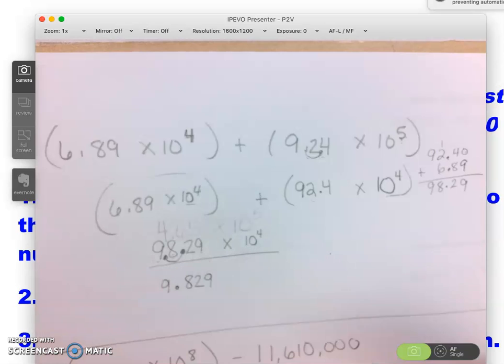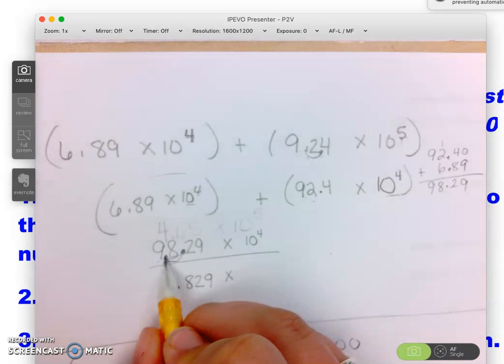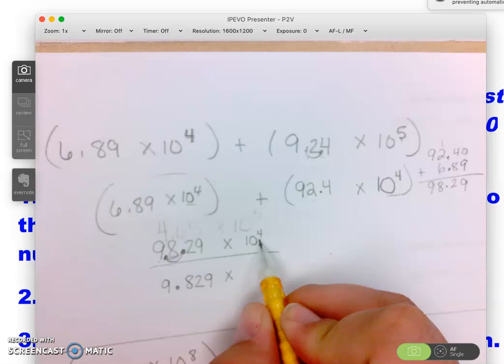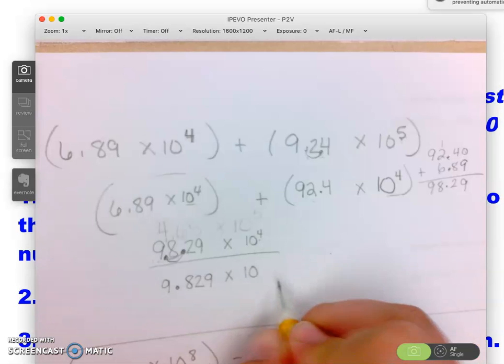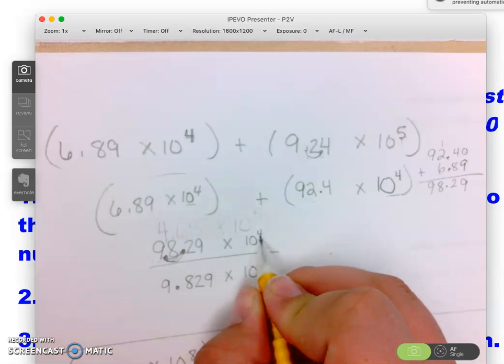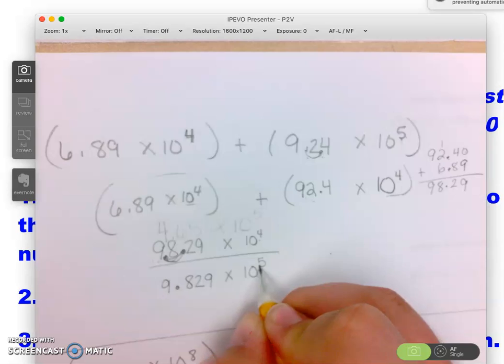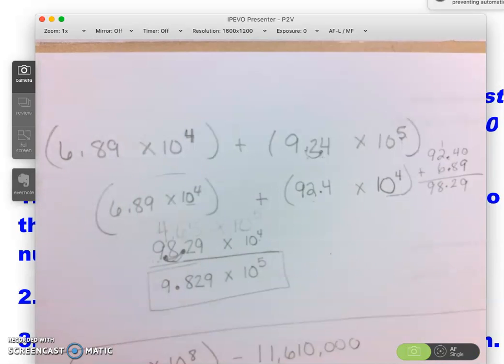Remember not to change any of those numbers. Now, if I made this number smaller, what do I do to this one? I make it bigger. So I moved this one place to the left, so I add 1 to my 4, making it 5. There. That is my final answer.